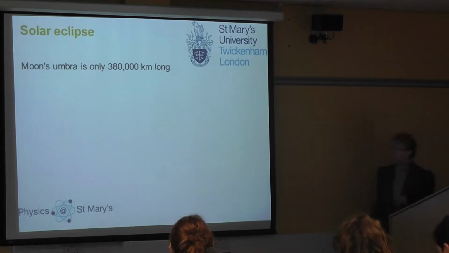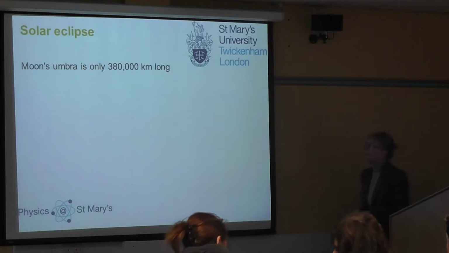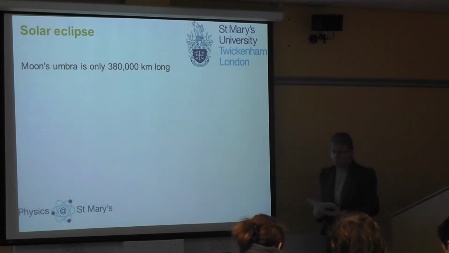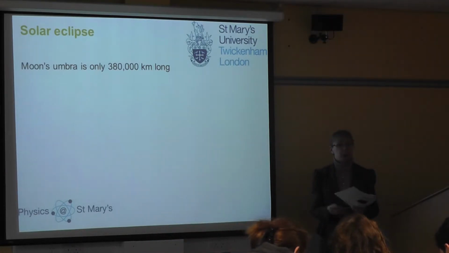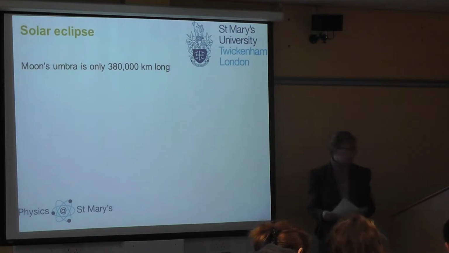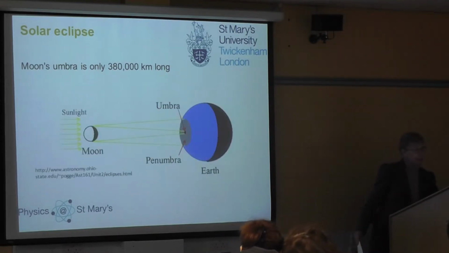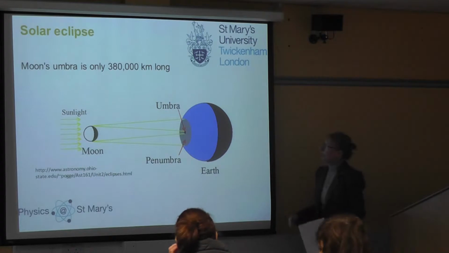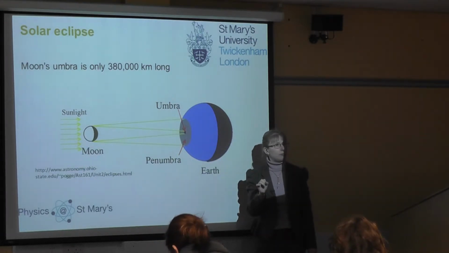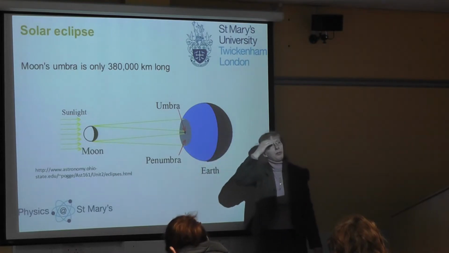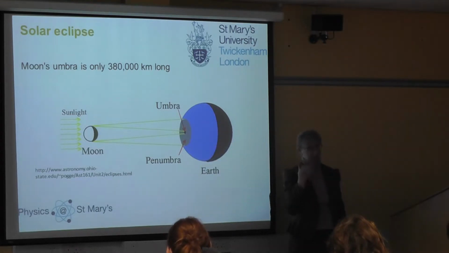Now we were talking earlier about the moon's umbra. The moon's umbra is not very large, it's just 380,000 kilometers long, which is not much at all. And here we go, this is the umbra. As you can see, it's a very, very tiny spot, and that is where people from Aberdeen upward were.